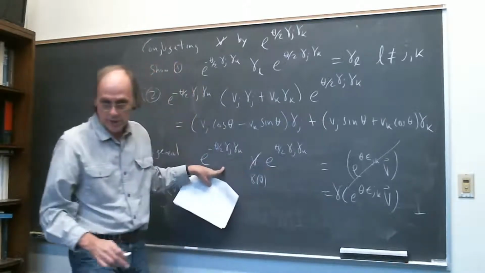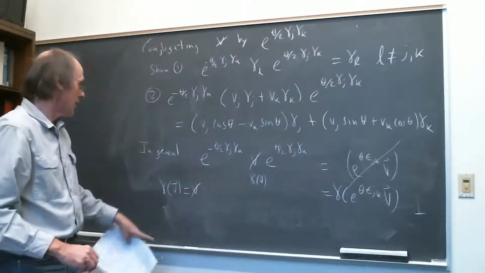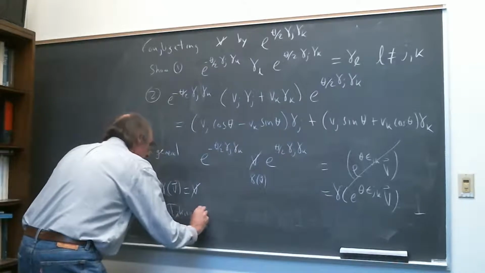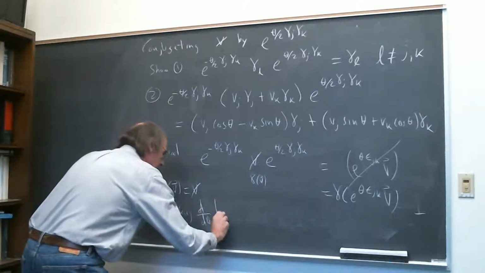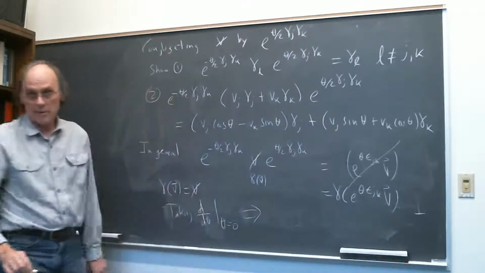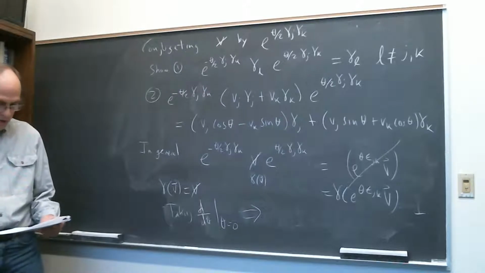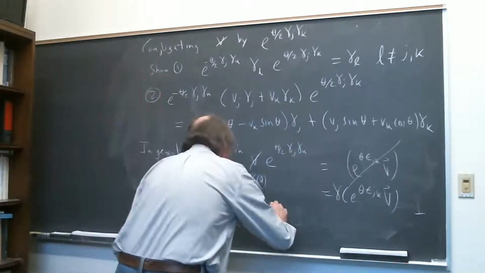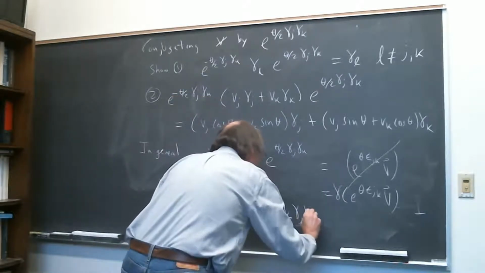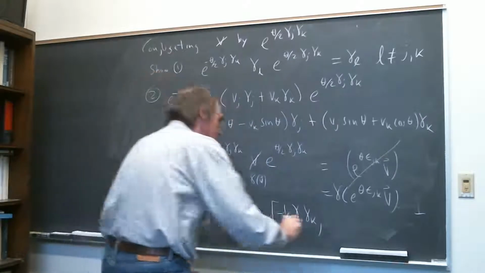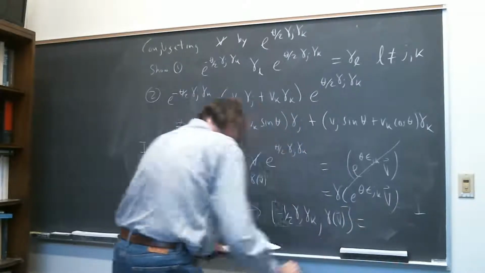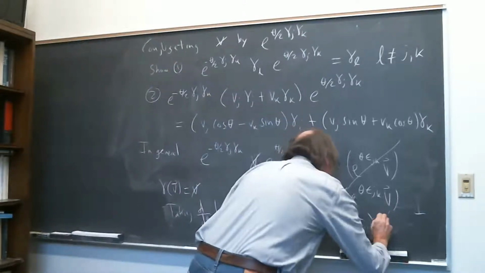And so then if you differentiate this relation with respect to theta, taking d/dθ at theta equal to 0, you get the infinitesimal version of this, which is a commutator relation, which is that minus 1/2 gamma j gamma k, and then gamma of v vector, is gamma of epsilon jk.